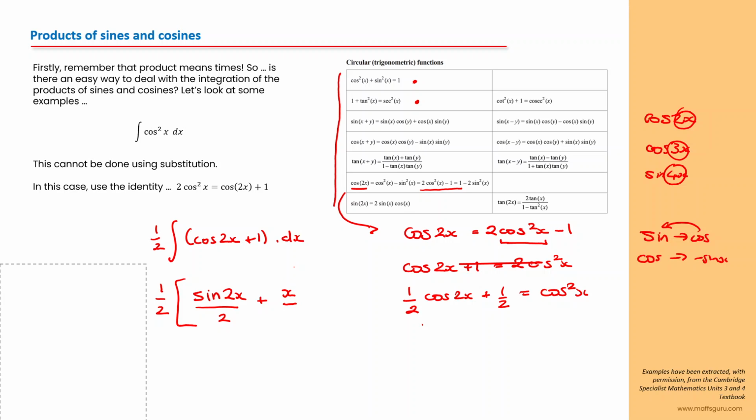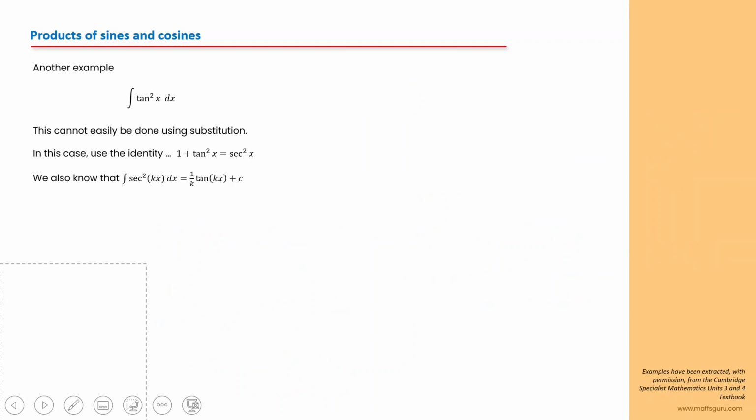And then square bracket plus c. And so I get 1/4 of the sine of 2x plus x on 2 plus c if it's not asking for an integral. So there we go. That's literally it. I've changed something that looks disgusting with a power to something that looks much nicer.